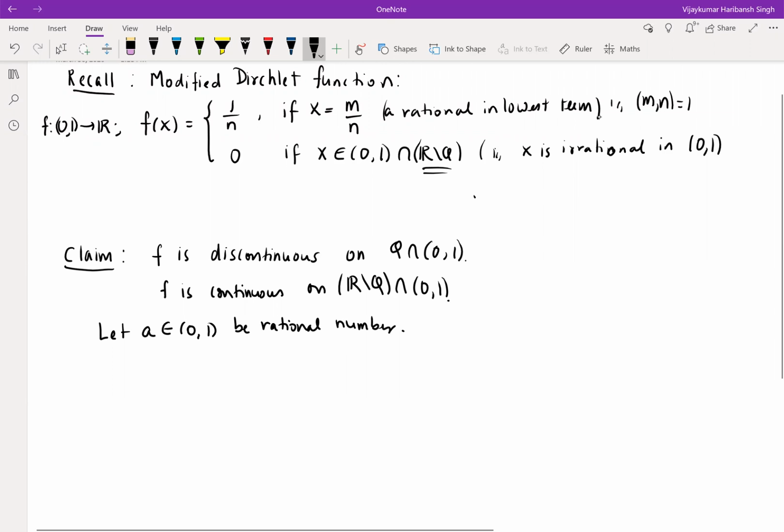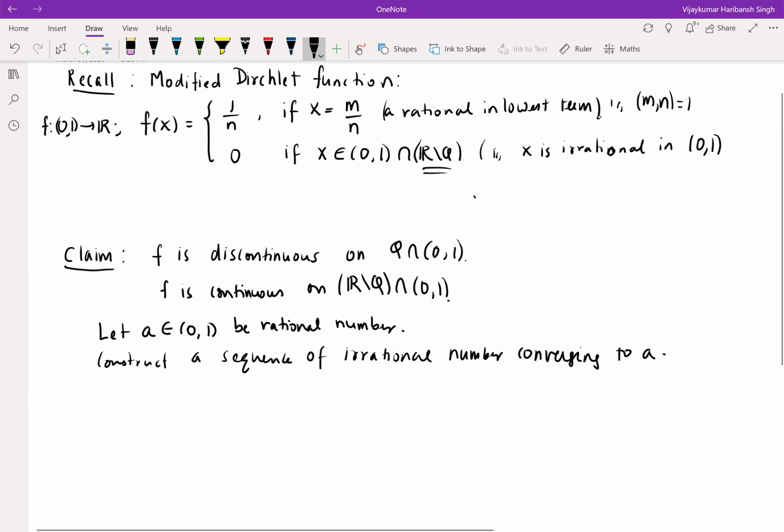Construct a sequence of irrational numbers converging to a.